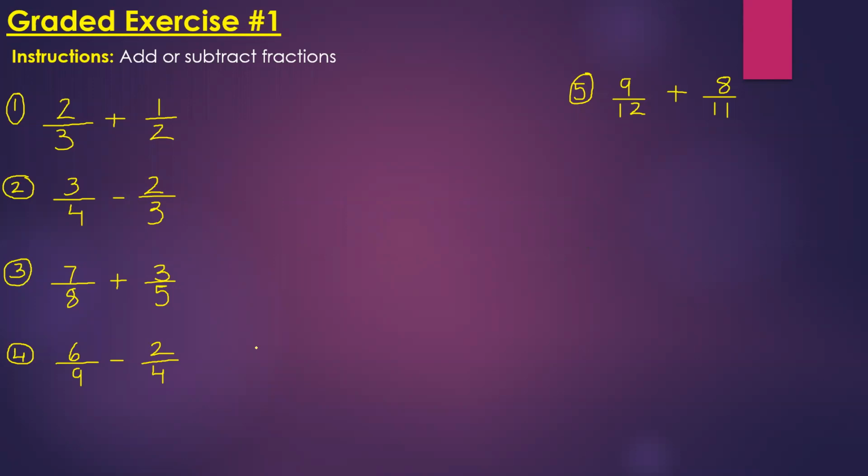All right, hi everyone, what number are you on? Are you number 2? Number 2. Do you understand what to do? Yes, sir, I understand what to do. That's good.